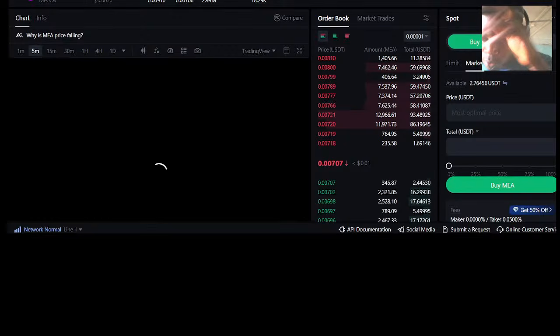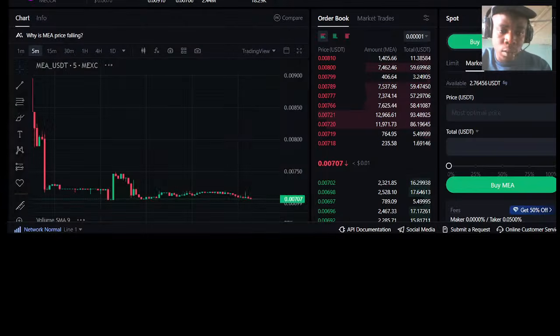So MEA is a Solana based token in the Mecha ecosystem. So the ecosystem is Mecha. So MEA is a token from Mecha.